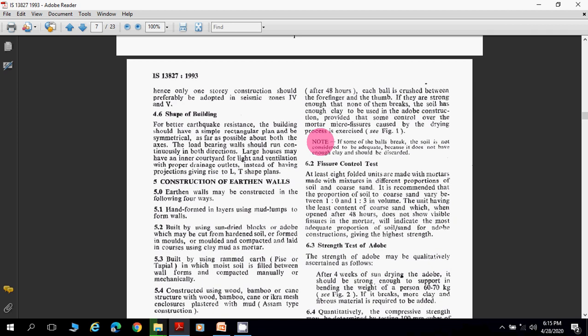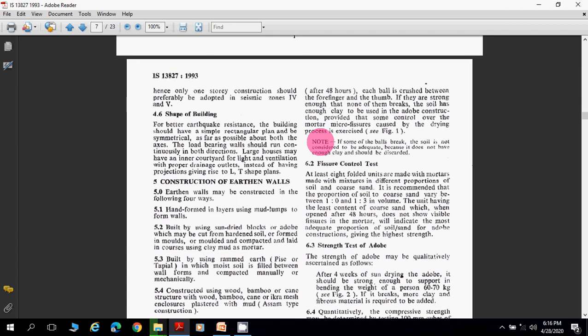at least 8 folded units are made with mortar mixtures in different proportions of soil and coarse grained sand. Different proportions are to be adopted, such as 1:1, 1:2, 1:2.5, 1:3. The mixture is dried and compacted in a block, and that block is opened after 48 hours.